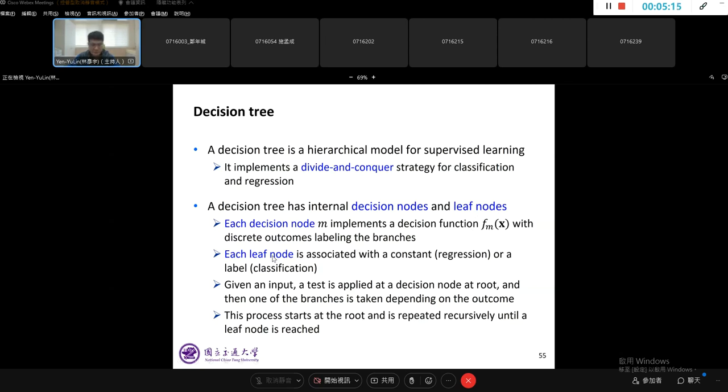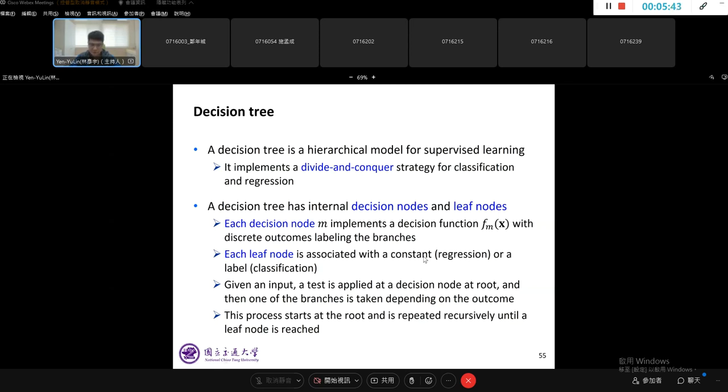The second type of node is called a leaf node. There is no decision function inside a leaf node. Instead, each leaf node is associated with a prediction outcome. For a regression problem, the output is a regression value, a real value.